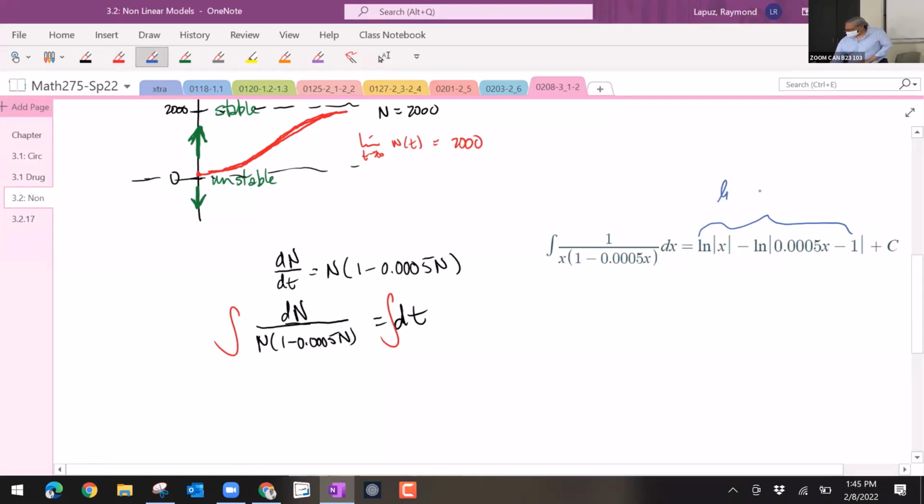So I think this will be the ln of x divided by 0.0005 x minus 1, because they're subtracting. So I'll take that piece of information and use that for the antiderivative.